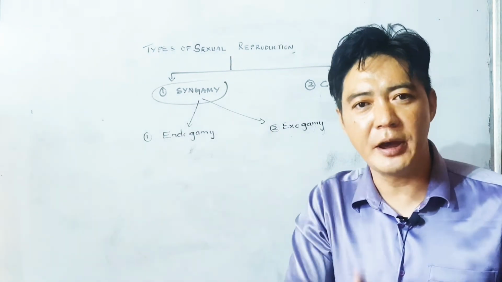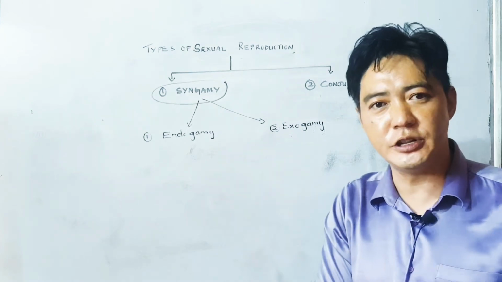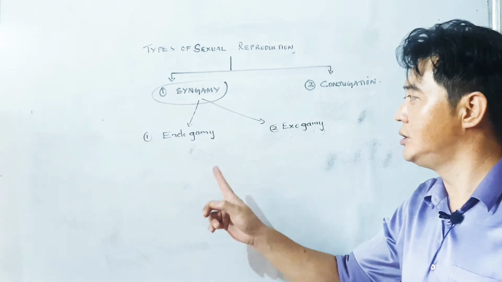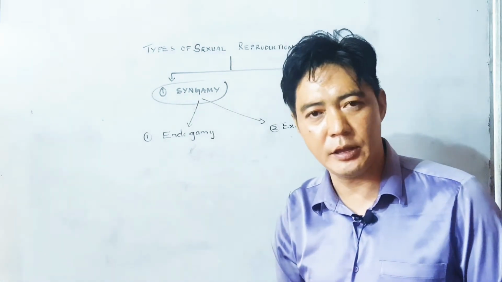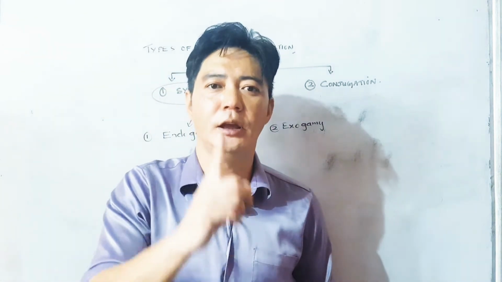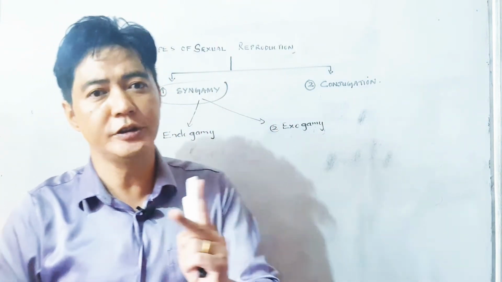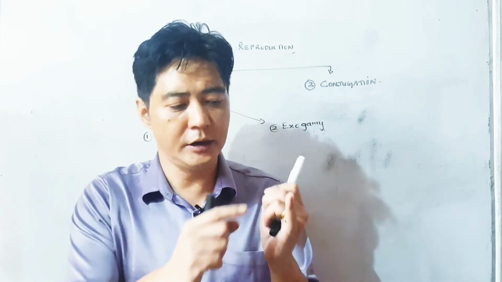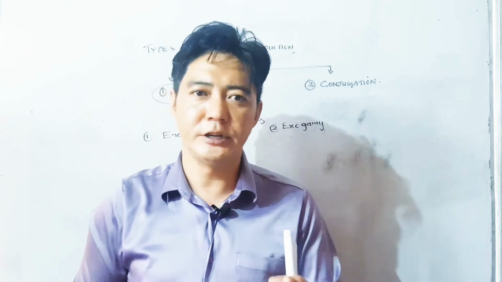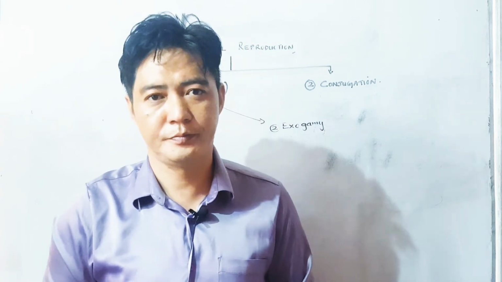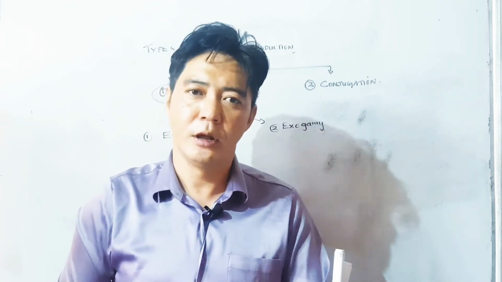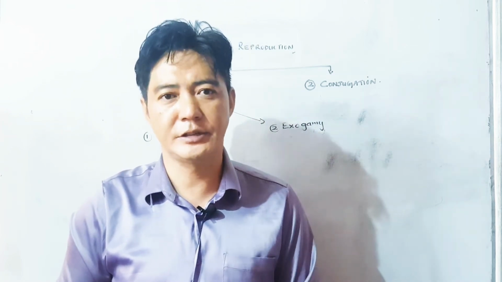If only one parent or one individual is involved during sexual reproduction, such type of sexual reproduction is known as endogamy. For example, if a single individual produces two different types of gametes, that is male and female, say for example in tapeworm or earthworm, a single individual produces both male and female gametes.